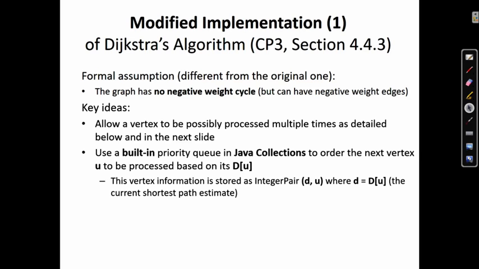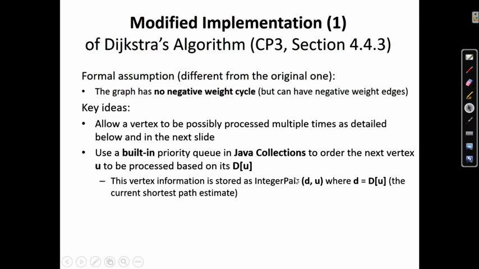Now, for this particular modification, we only need to make use of the Java priority queue. This time we can make use of the Java priority queue in order to find out which is the next vertex you need to process. What information do we need to store inside the priority queue?